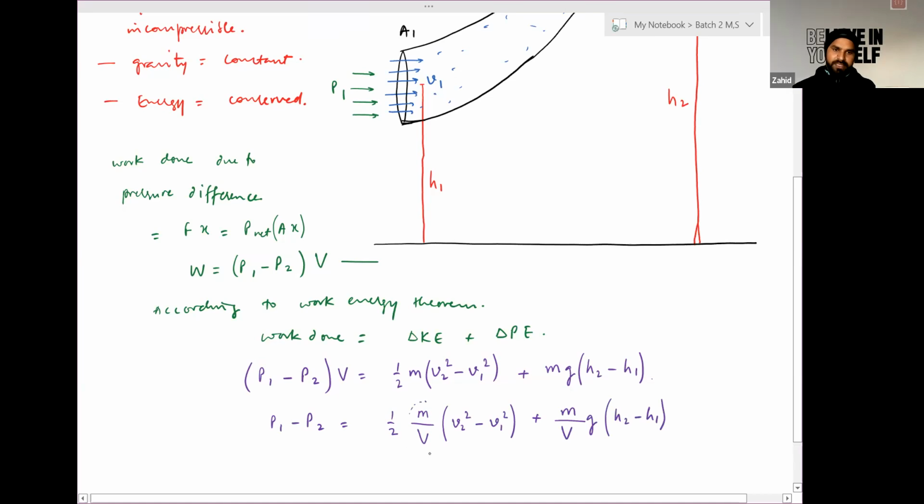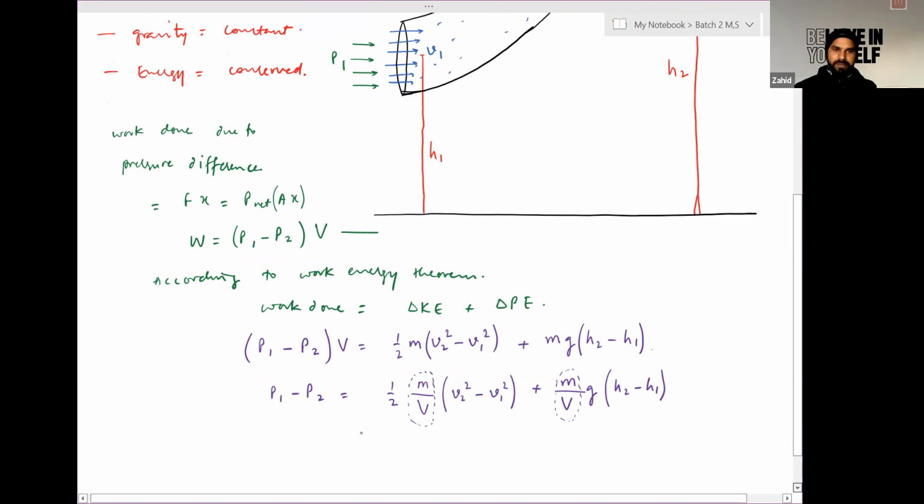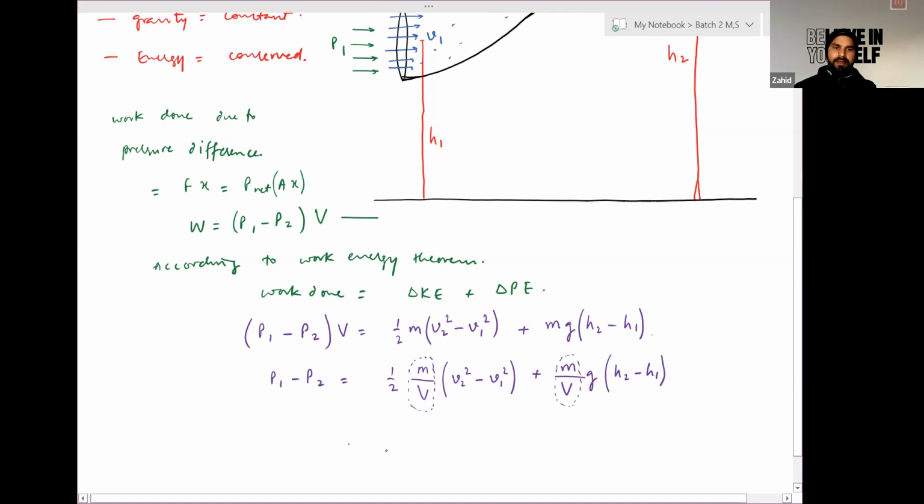Mass divided by volume will be density. So we may write it as half rho V2 square minus half rho V1 square plus rho g H2 minus rho g H1 equals P1 minus P2.